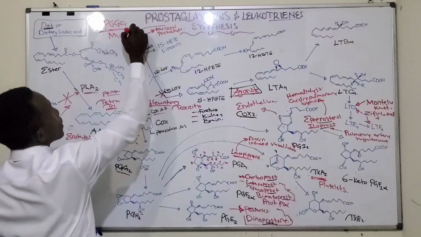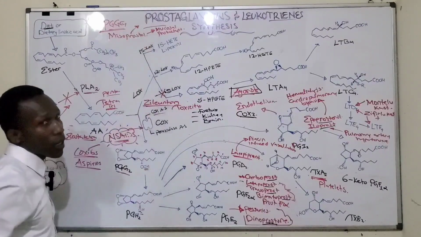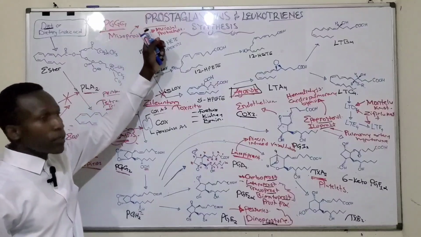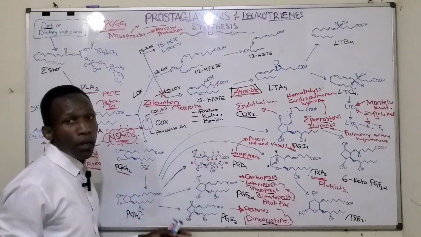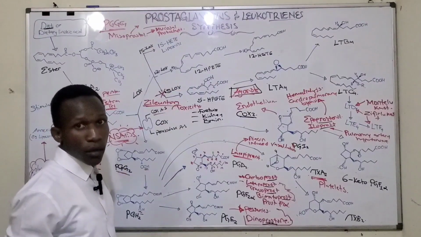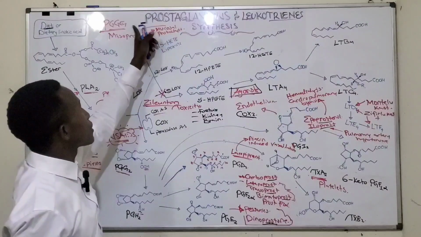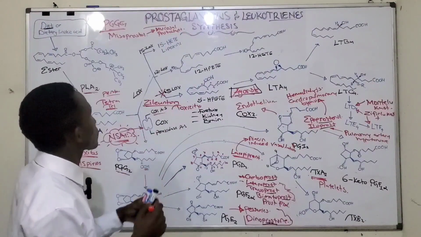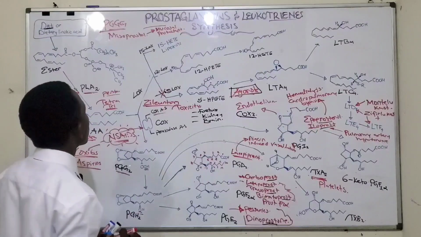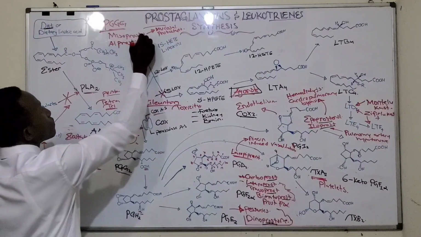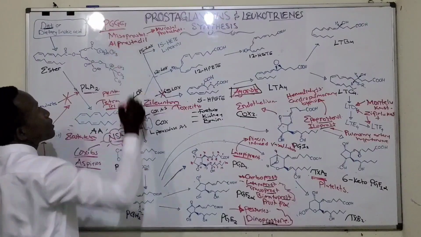Also, this drug can be used in early abortion, because prostaglandin E1 can lead to uterine contraction. So during early pregnancy, this drug can be used in abortion. We have another drug called alprostadil.